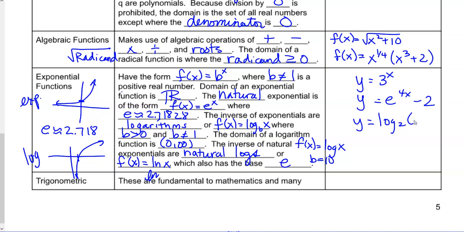And I could do a natural log where y is equal to the natural log of 3x plus 2, which would be an example of a natural log equation.